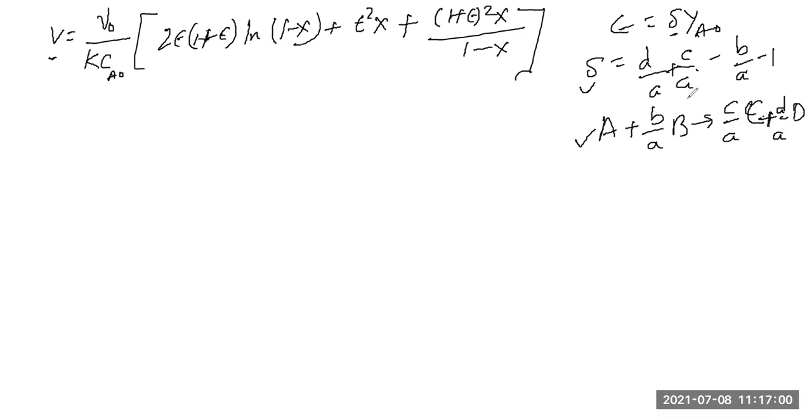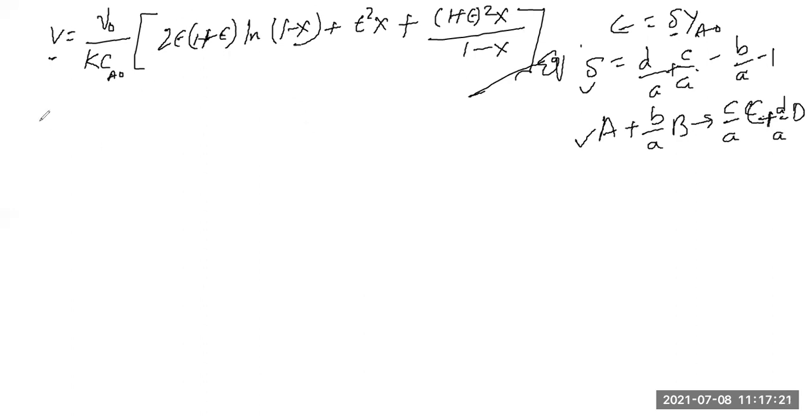Now, using this equation, we will draw a graph, a plot of conversion along length. Length is the length of the reactor, that is volume.